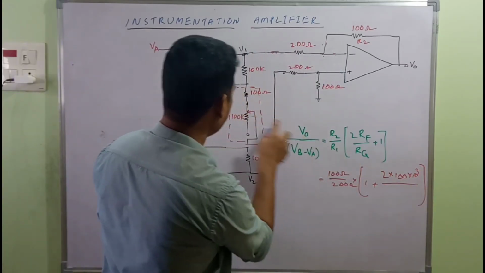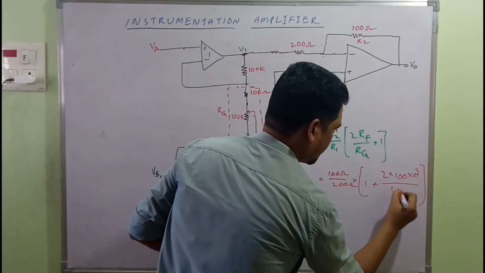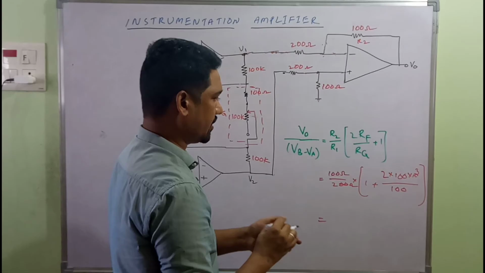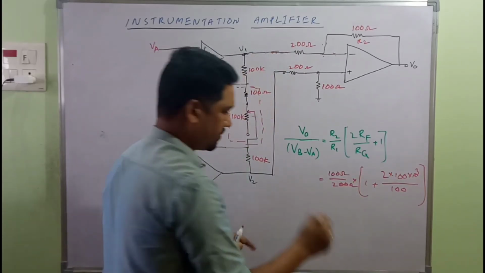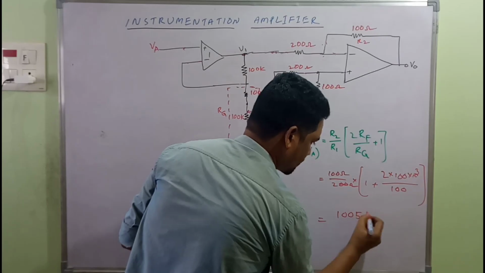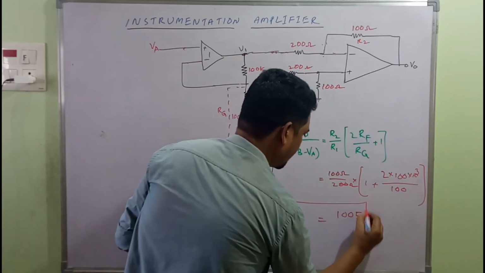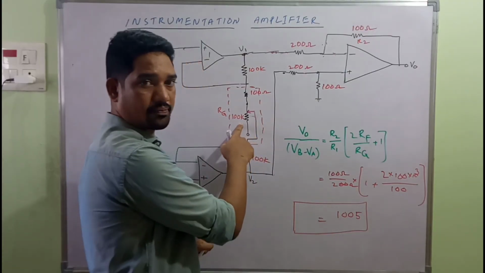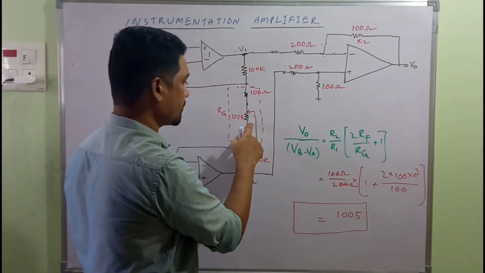RG is simply 100 over here. Simplifying, cancelling, we'll be left with around 1000 or 1005. Please check it. Now this is the gain when the potentiometer is made 0.